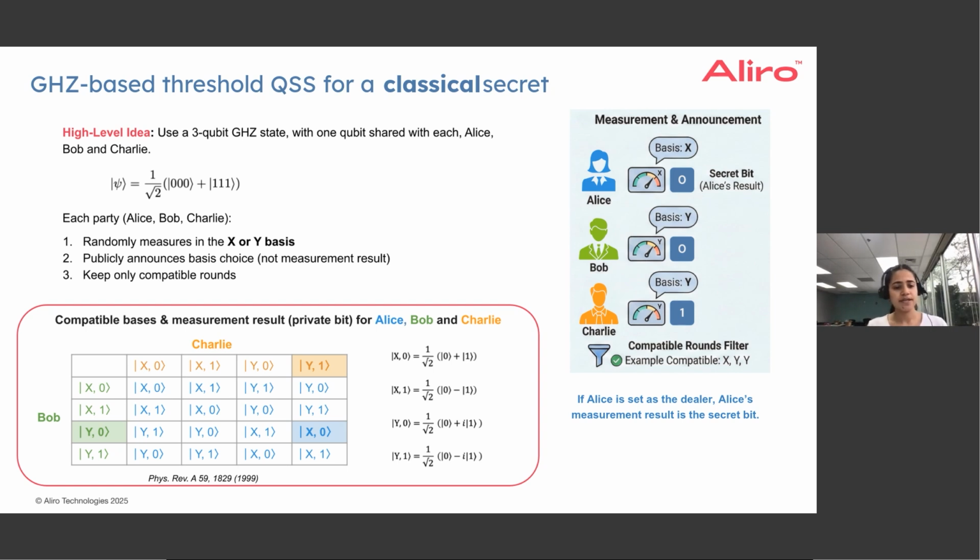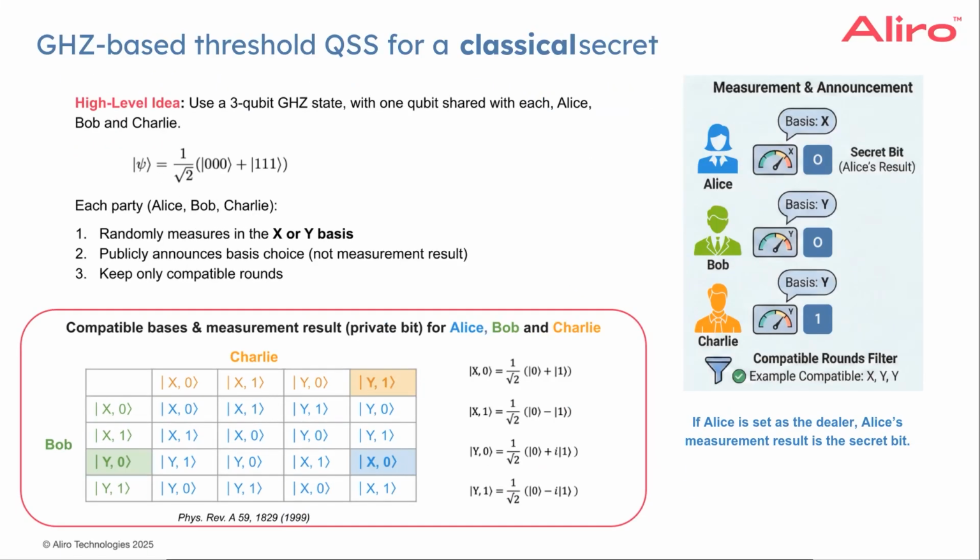So let's, for example, consider Bob measuring in Y basis and having a measurement outcome 0, Charlie measuring in Y basis and having a measurement outcome 1. If Alice measures in the X basis, then Charlie and Bob can be certain that her private bit, or the measurement outcome, is 0, and that would be the secret bit, only if Bob and Charlie collaborate and share with each other their measurement outcomes.